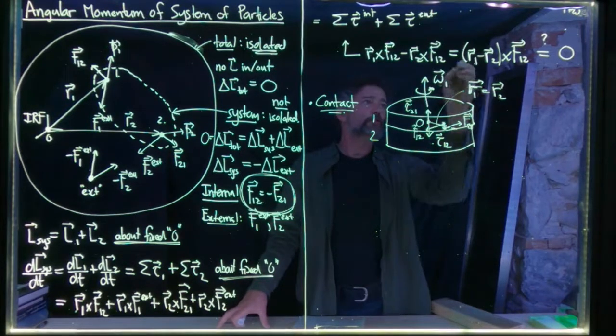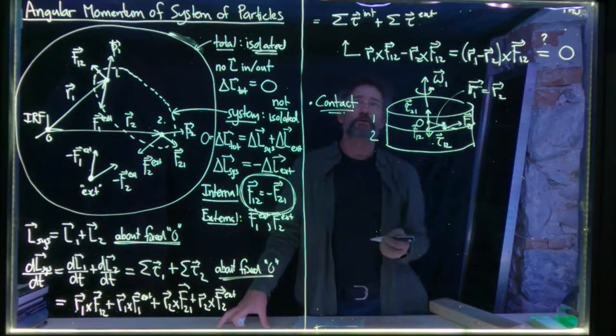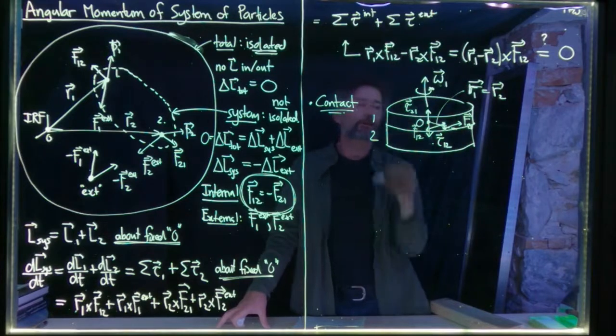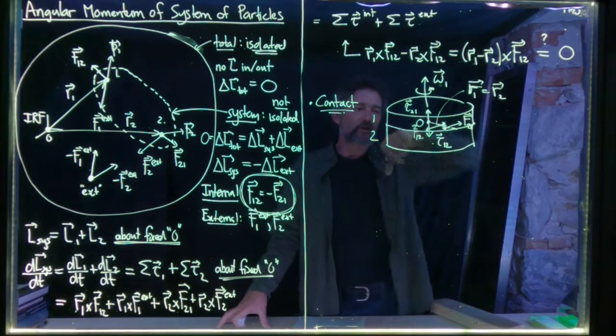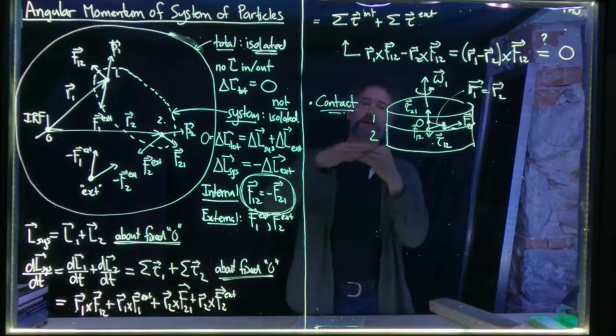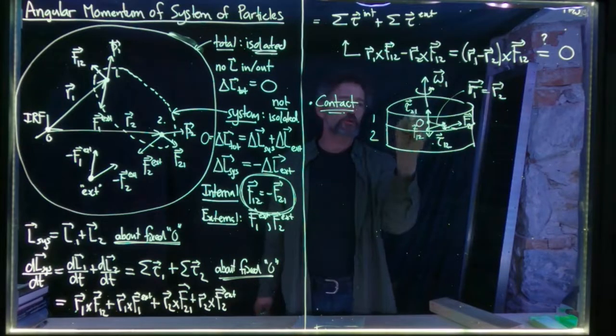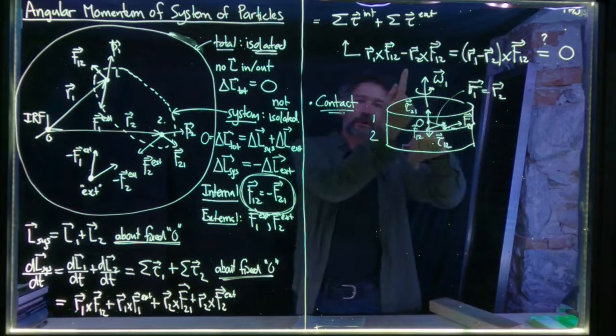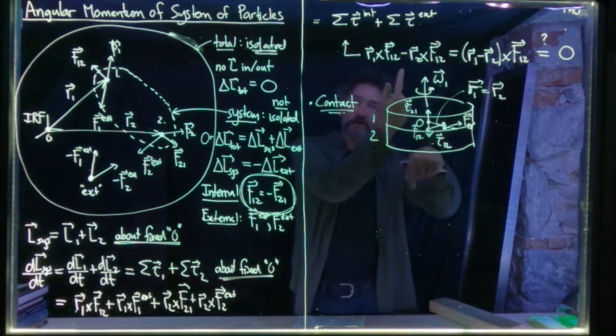Okay, so anyways, the basic idea here is, well, look, R12 equals R21, so this is equal to 0. And so the net internal torque: this guy exerts a torque on this guy in that direction, and this guy exerts a torque on this guy in that direction, and those torques add up. Torque 12 plus torque 21, those are vectors in opposite directions of equal magnitude, and so they cancel out.